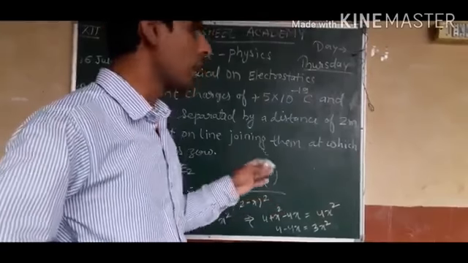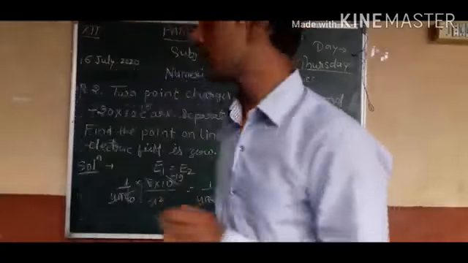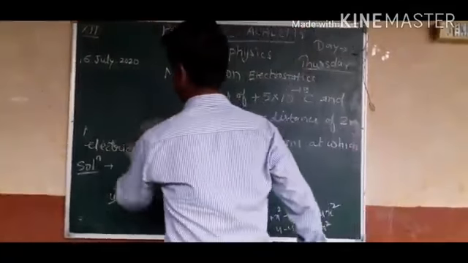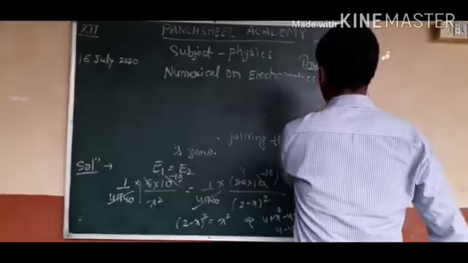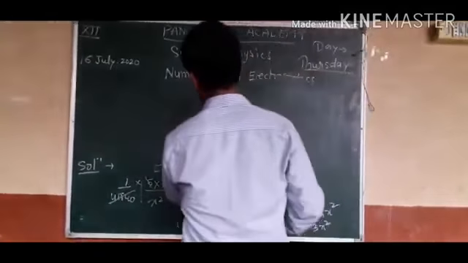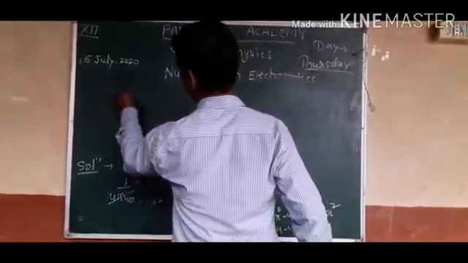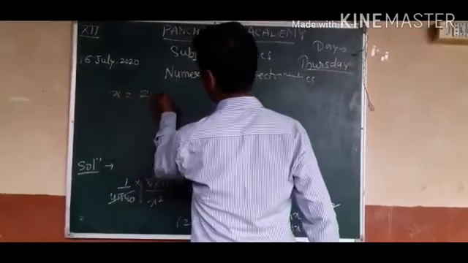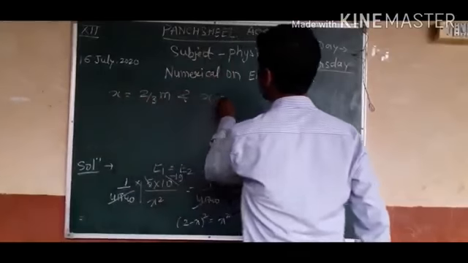So there are two values of x, that is one is x equal to 2 by 3 meter, and again x equal to minus 2 meter.